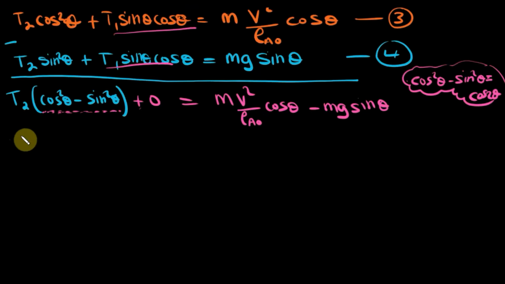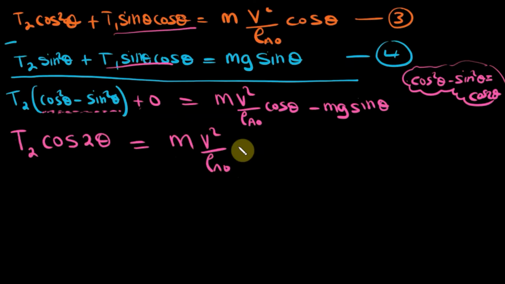So this becomes T2 cos 2 theta is equal to mv squared over LAO cos theta minus mg sine theta. We can simplify it further.